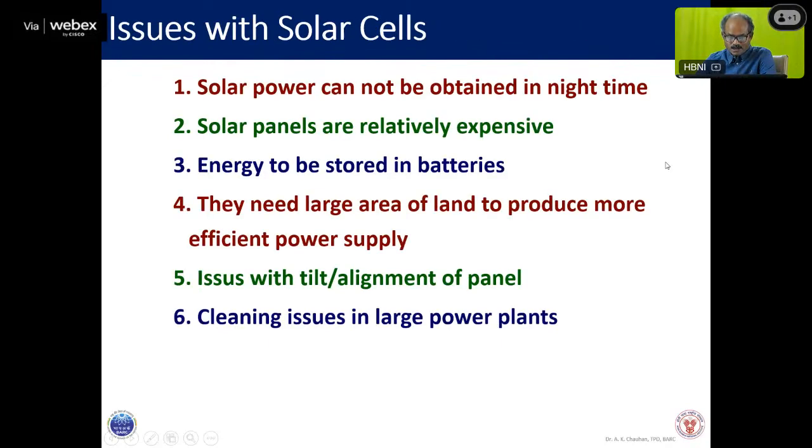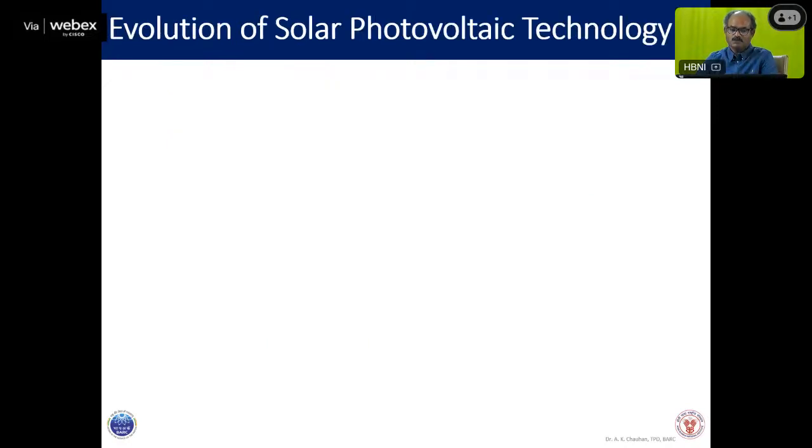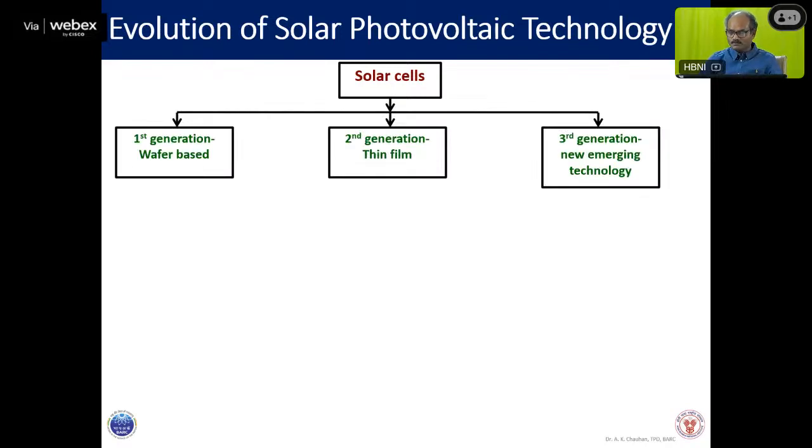Now let us see how this solar cell technology has evolved over the period of time. Initially, the solar cells were developed in the 80s, and now we are in 2024. The solar cells, based on their technologies, are basically divided into three generations.